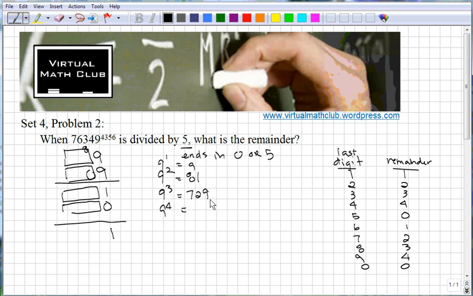Well, if we take 729 times 9, it's going to be something ending in 1. So you can see the final digits here are alternating between 9 and 1.